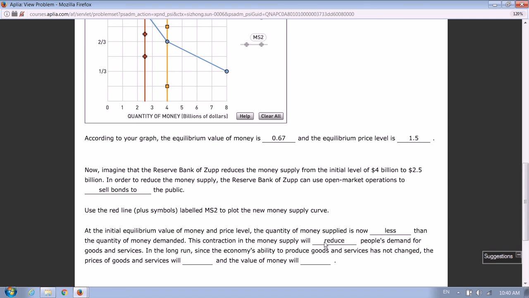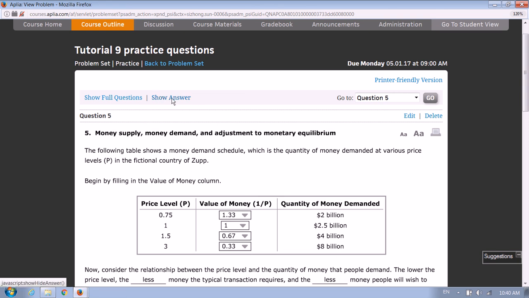And in the long run, since the economy's ability to produce goods and services has not changed, the price of goods and services will fall, and the value of money will increase. Okay, this is question 5.